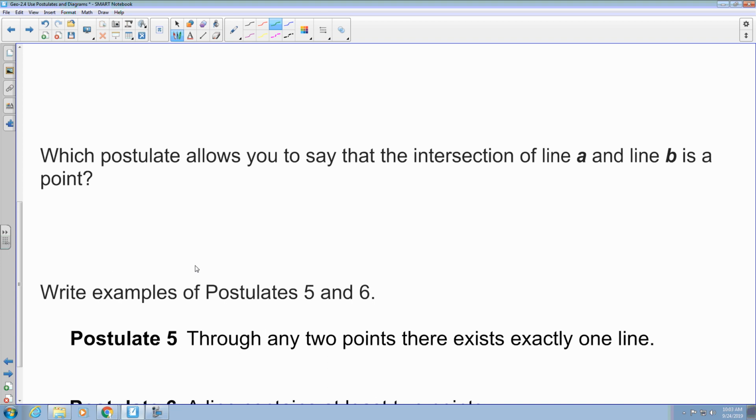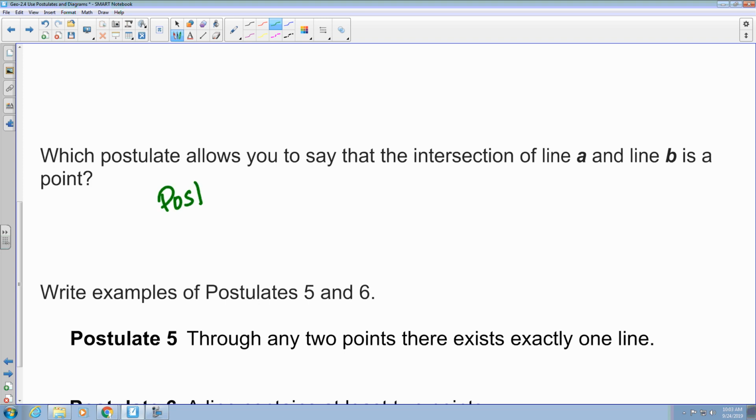Here it says which postulate allows you to say that the intersection of line A and line B is a point. If I look back here, it appears like it's postulate 7.